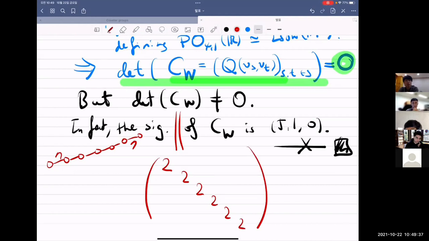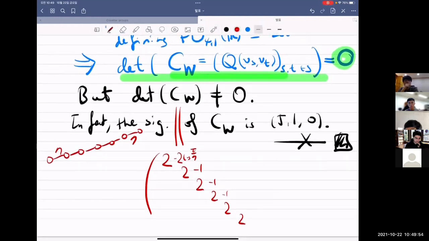So let's do that. 2 times cosine π over 7, and then minus 1, minus 1, minus 1, 2, 3, 4. Did I miss one? 1, 2, 3, 4, 5, 6, 7. Okay, so I need one more 2, and then minus 1, and then minus 2 cosine π over 7, and then all 0, and the same thing here.